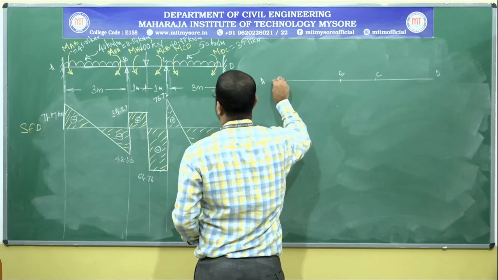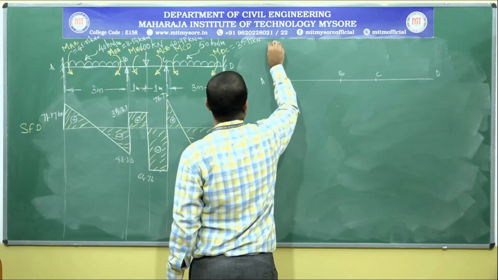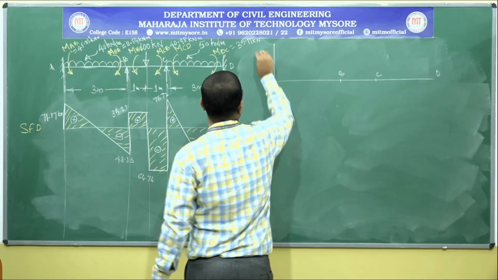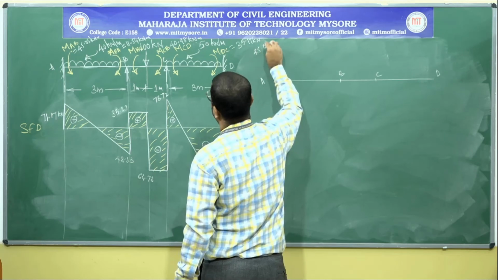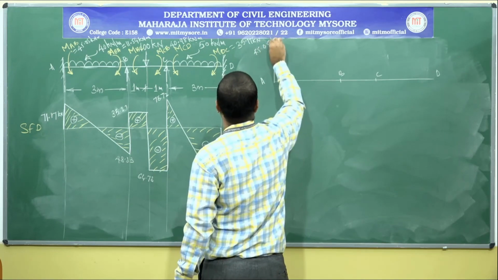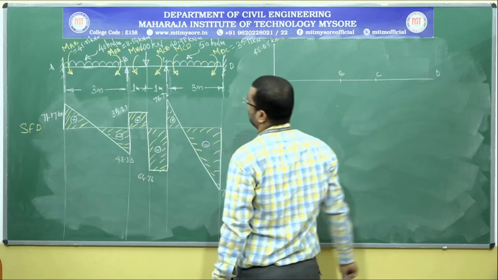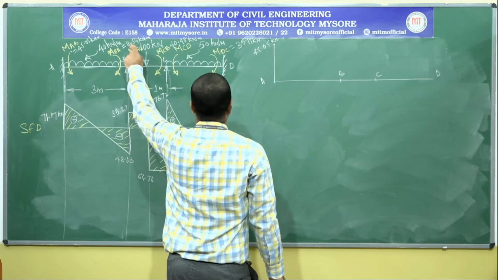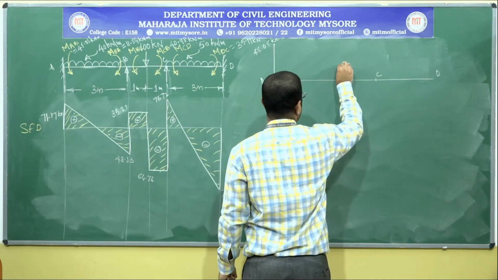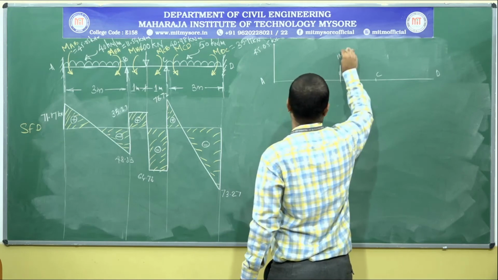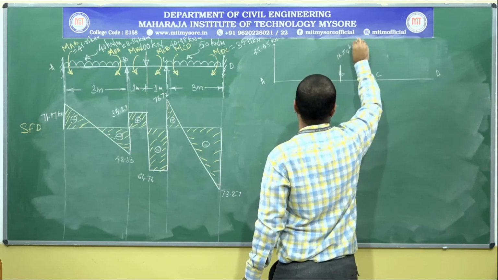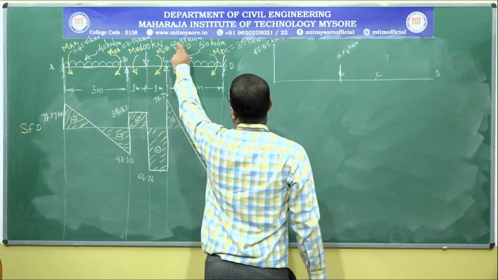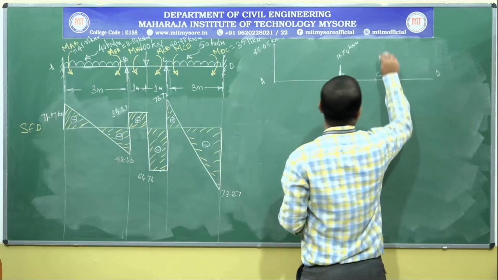So MAB is 45, so I will represent something like this, a point which represents the 45.05 kilonewton meter bending moment. Next I will represent the moment at B, that is 11.54. Here I will represent one more moment, that is 11.54 kilonewton meter, and similarly I will represent the moment at C, that is 40.98.